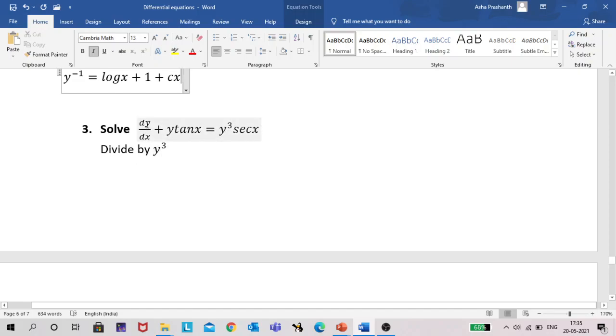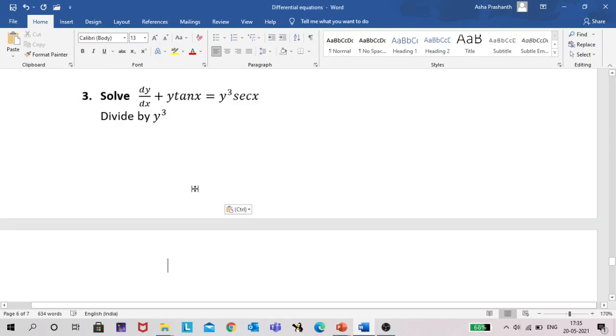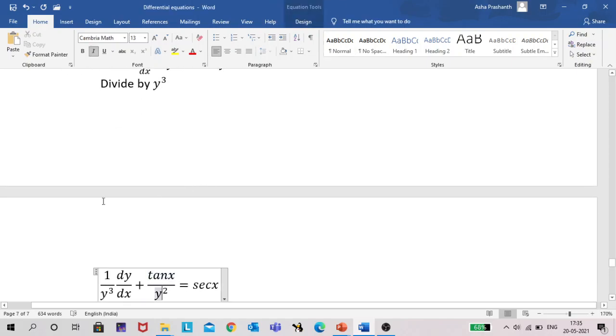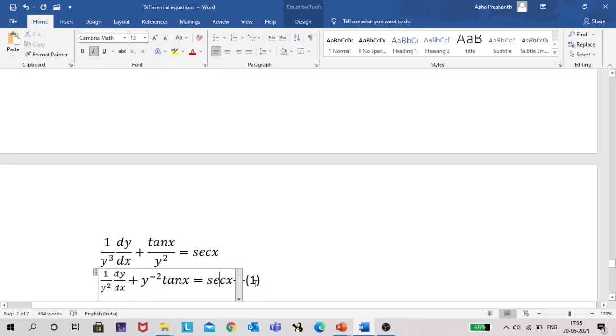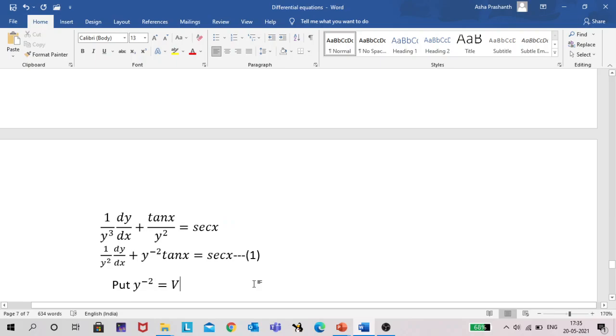There is no coefficient for dy by dx, so I'm not dividing anything else, only y cube. So I'm dividing the whole equation by y cube. What I'll get: 1 by y cube dy by dx plus tan x by y square is equal to secant x. Clear? Okay. So this y square, if I take to the numerator, I'll get y to the power of minus 2.